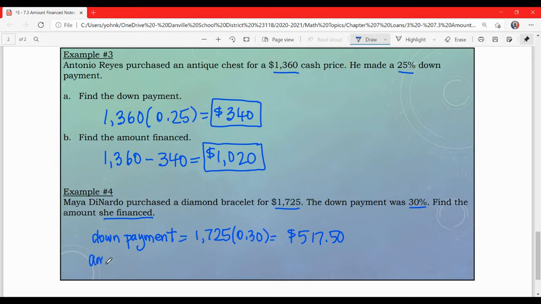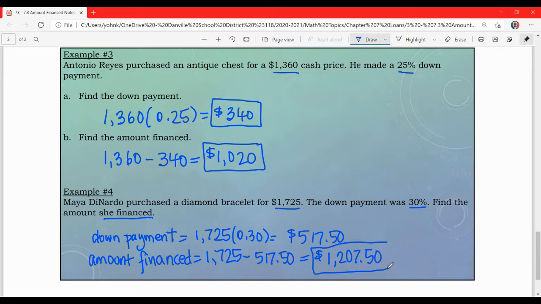To find the amount financed, I take the purchase price, $1,725, and subtract the down payment, $517.50. This gives me an amount financed of $1,207.50. That's how much money she's going to borrow, that she's then going to pay off in equal installments for a specified period of time.